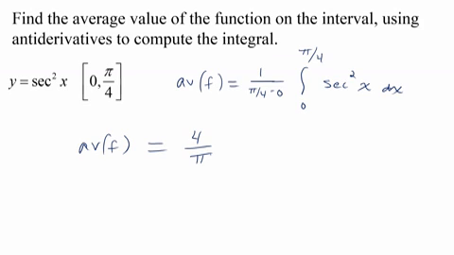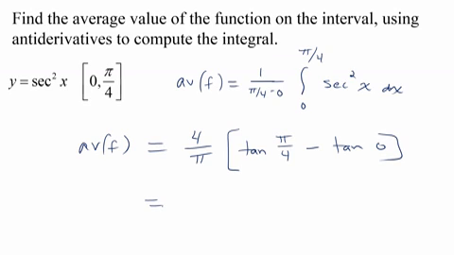Well, the antiderivative of secant squared x is tan x. So we're going to have 4 over pi times tangent of x, and for our upper limit of integration, pi over 4, it's the tangent of pi over 4 minus the tangent of 0.